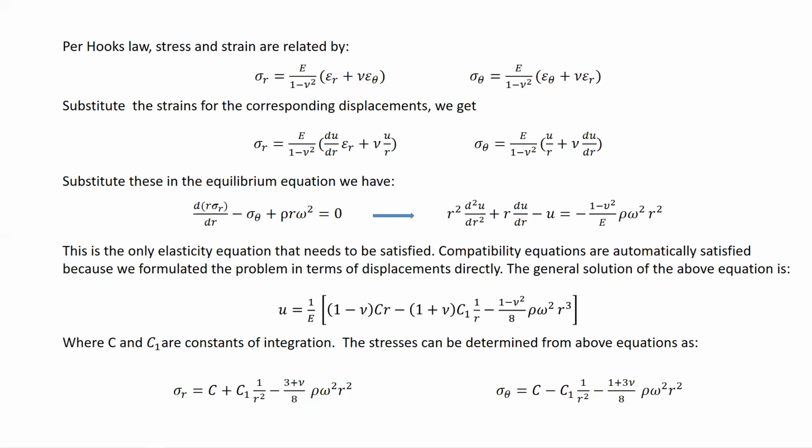The solution here for u and v, we don't need to worry about the compatibility equation, because as we have indicated many times, if we work with the displacement and then from displacement we calculate the stresses, the compatibility equation is automatically satisfied. Therefore, this is the only equation that needs to be satisfied to get the solution for that rotating disk.